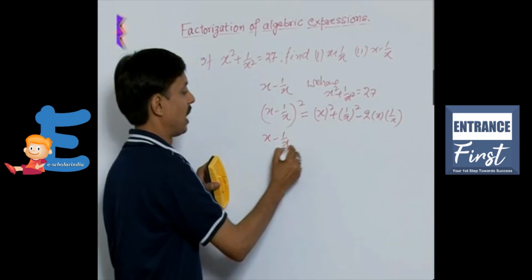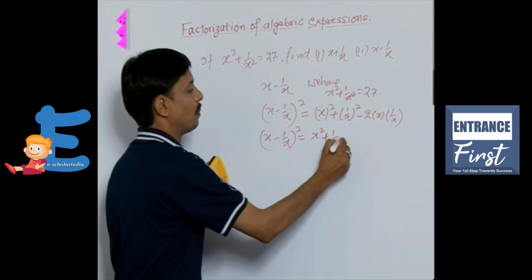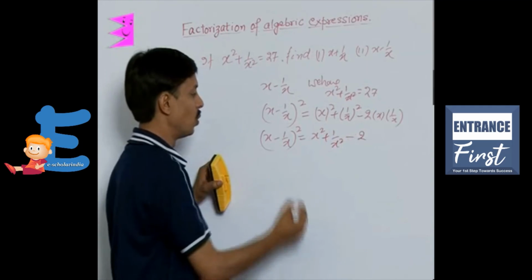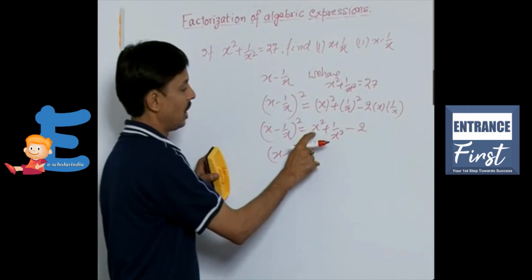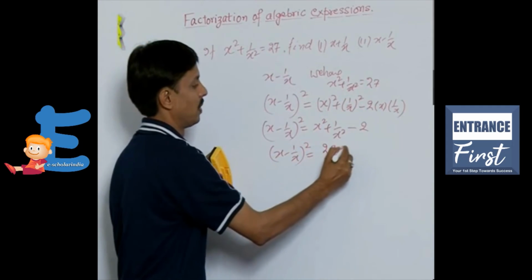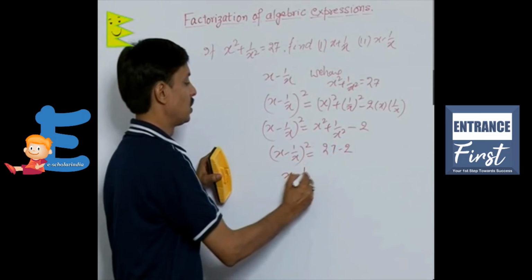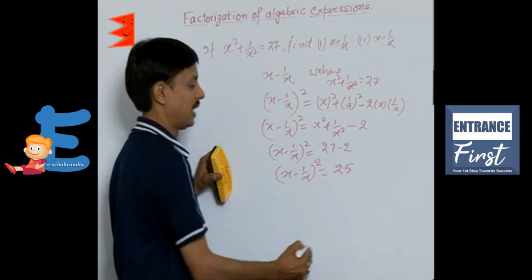So x minus 1 upon x whole square is equal to x square plus 1 upon x square minus 2, which is 27 minus 2. This becomes x minus 1 upon x whole square is equal to 25.